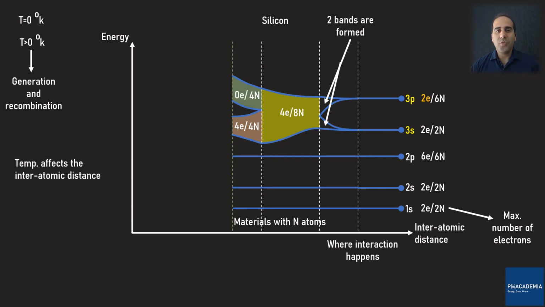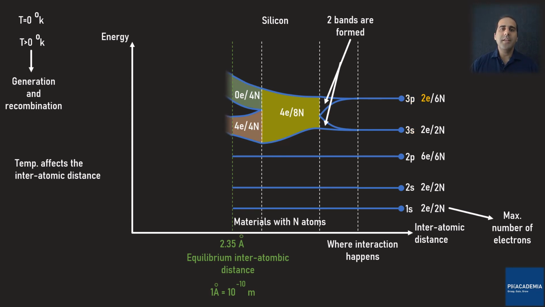At some point, we get to the equilibrium interatomic distance. This distance for silicon is 2.35 angstrom. Angstrom is a unit of length and equals 10 to the power of minus 10 meter. At the equilibrium interatomic distance, the sublevels 2p, 2s, and 1s are yet to see each other, and therefore no splitting has happened to them.